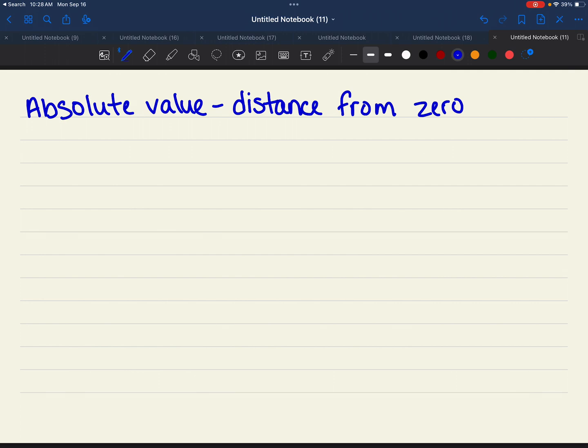Is it possible for me to be negative 8 units away from 0? No. Distance cannot be negative. I can't be negative 16 feet away from JC. I have to be positive 16 feet away. So that's the reason absolute value is always positive.